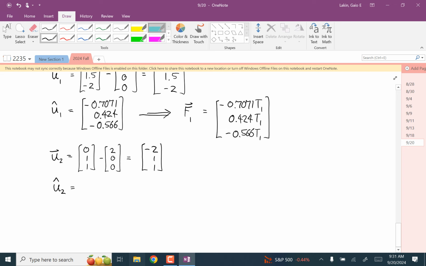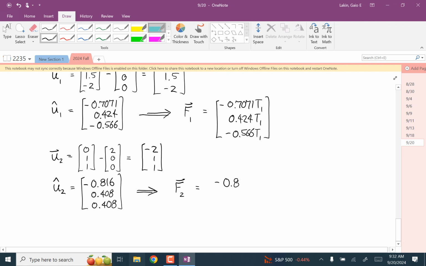And you get negative 0.816, positive 0.408, positive 0.408. And so the force vector F2 is negative 0.816 T1, positive 0.40, I wrote that wrong. This is T2 now.